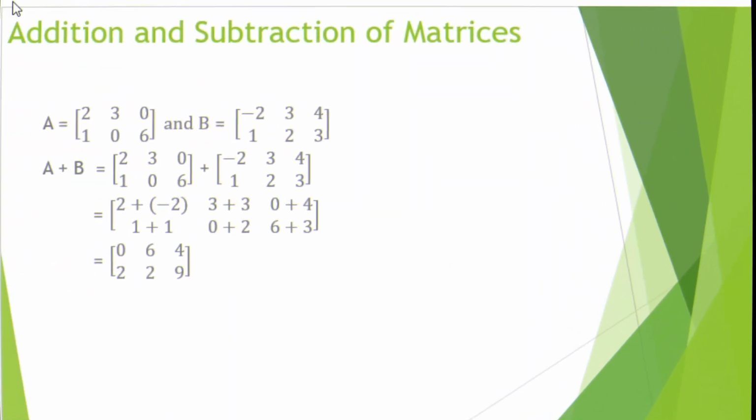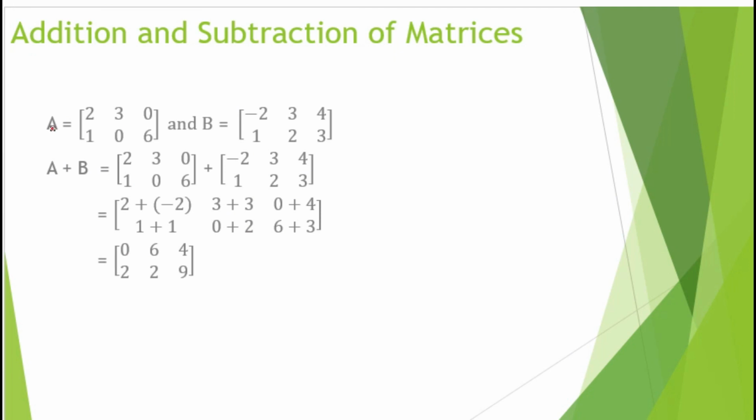Here is an example. We have two matrices A and B. Then we can add them easily by adding their entries. So here A is equal to 2, 3, 0, 1, 0, 6 and B is equal to minus 2, 3, 4, 1, 2, 3. So A plus B is the sum of both these matrices.